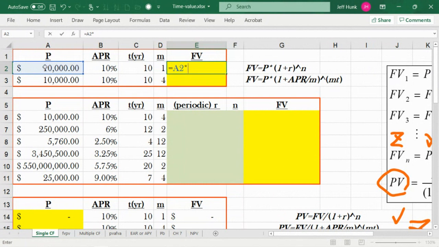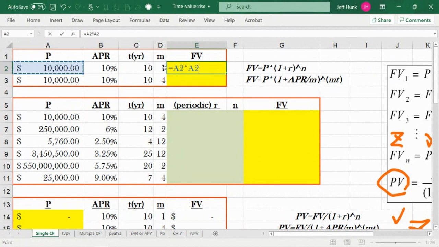You can just use your mouse, click the cell, and the data will go in there.